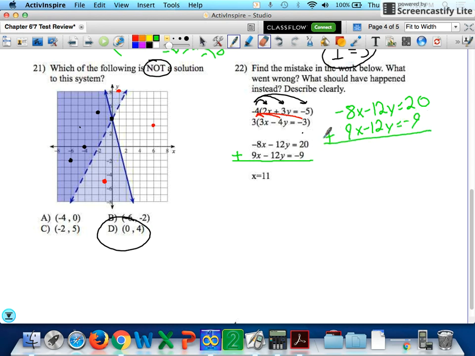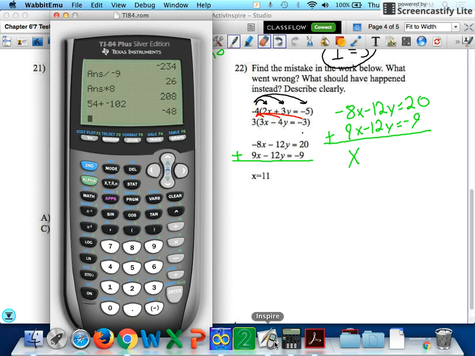When I add these together, negative 8x plus 9x is going to be just a 1x, or just an x. Negative 12y plus negative 12y is where they messed up. Take a look. When I do negative 12 plus negative 12, they don't cancel out.